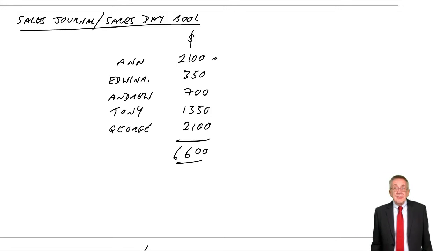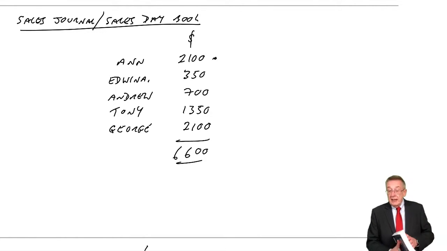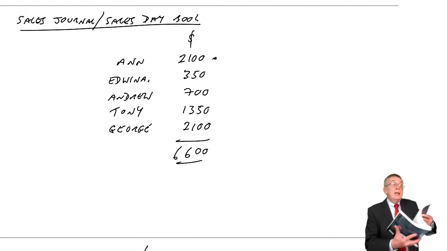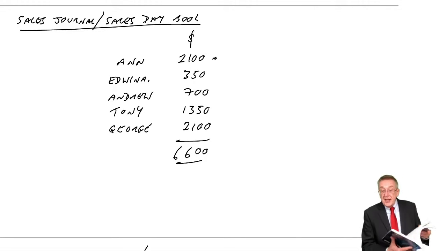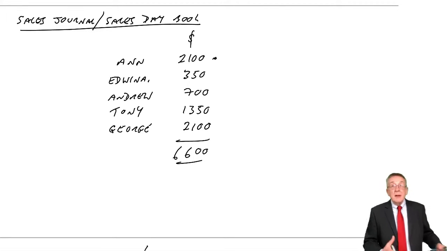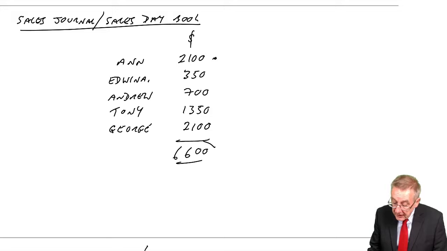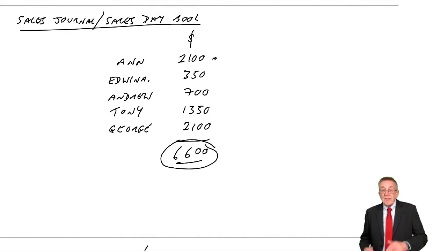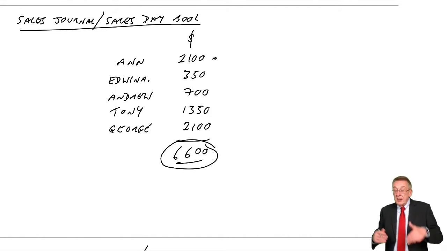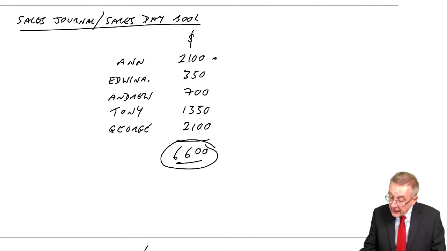In practice there could be 5,000. It would be a bit silly and unnecessary to do each one separately: debit receivables, credit sales, Edwina, 350, and so on. So instead of doing each one separately, we simply take the total and do one big debit and one big credit. The total is 6,600.